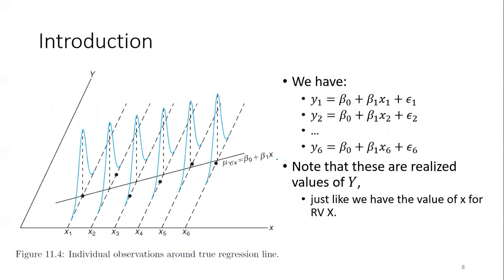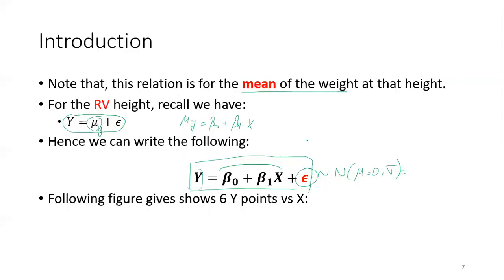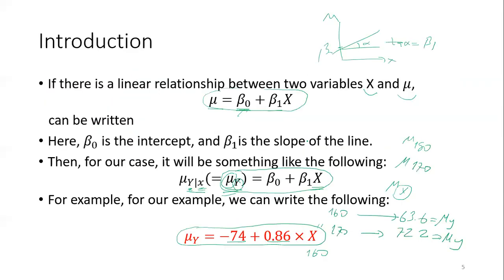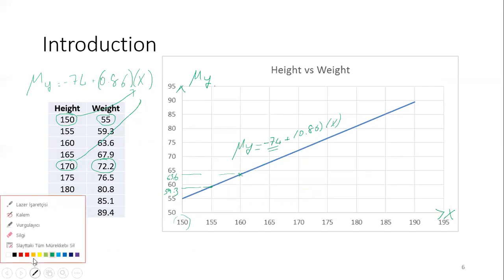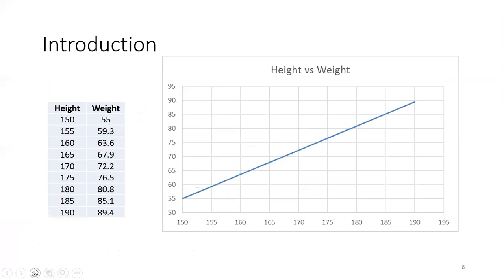So for example, just look at this plot. Here, for example, when we have 165, this point is 165, you have 67.9.